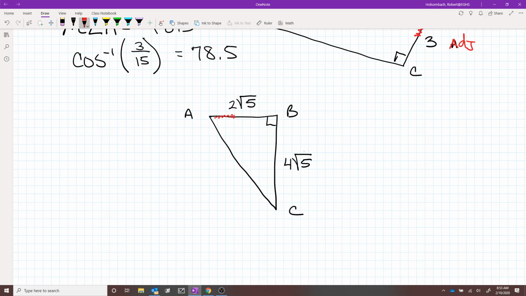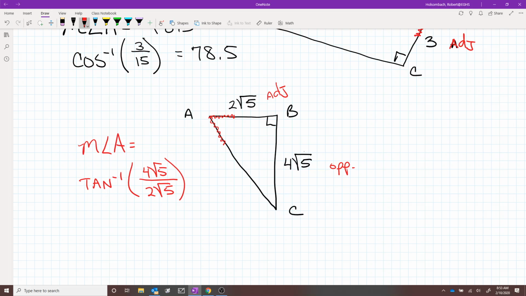Again, we've got opposite and we got adjacent. So we're dealing with tangent. And we're finding an angle, so we're going inverse tangent. Now we got opposite over adjacent, so we got 4 square root of 5 over 2 square root of 5. Don't try to type that into the calculator, because you've got 4 times the square root of 5 over 2 times the square root of 5, don't you?